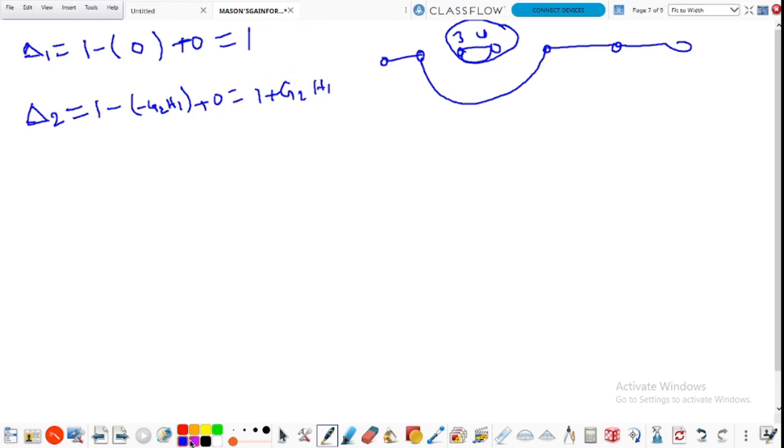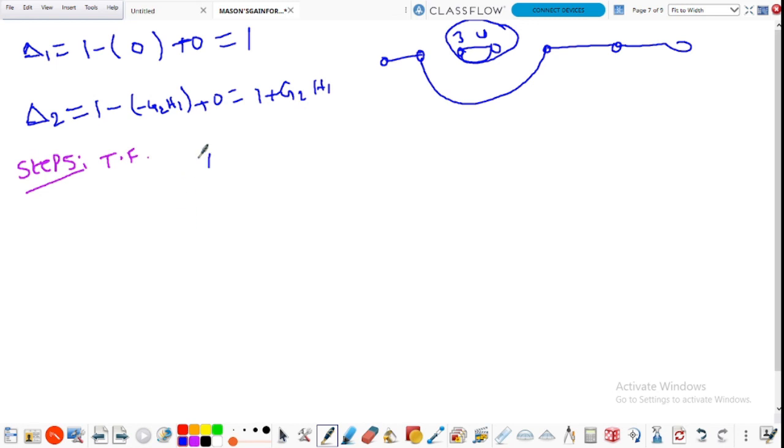Next calculate step 5. Finally calculate step 5. What is step 5? Step 5 is the overall transfer function of the system. Step 5 is the transfer function of the given signal flow graph using Mason's gain formula. So what is Mason's gain formula?